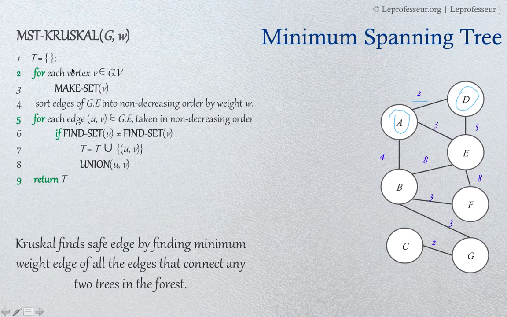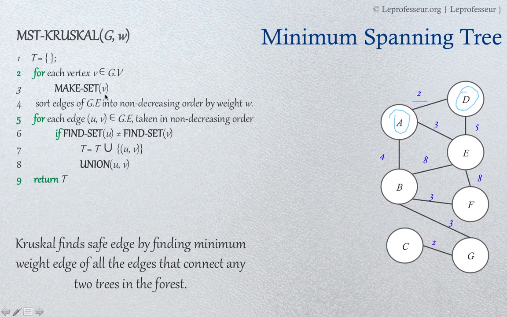Initially we have no edge, or basically we initialize our spanning tree. T is nothing but the set of edges which will represent our minimum spanning tree. For each vertex in our original graph, we execute an operation, make set.